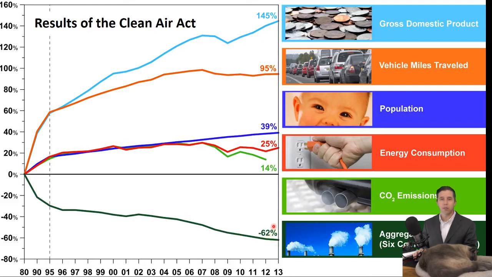So there's 62% less of those emissions going into the air compared to 1980. During that same time, we have more people, we have more cars, we're traveling more miles, we're using more electricity. So even though there's more of us driving more, owning more cars, the amount of actual air pollution has been going down. And this is because of the Clean Air Act.